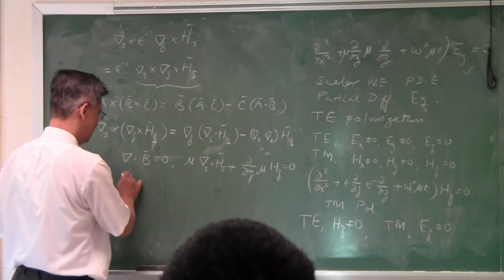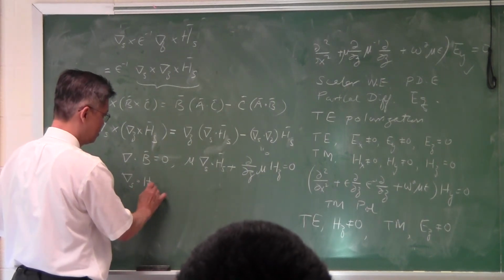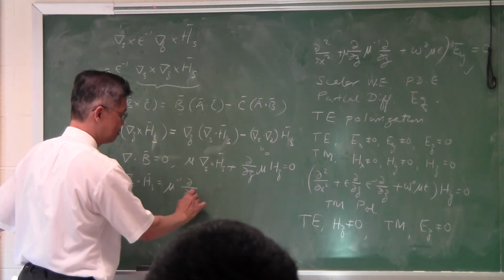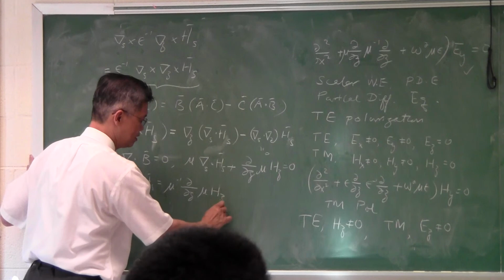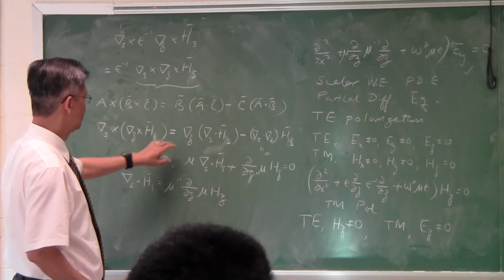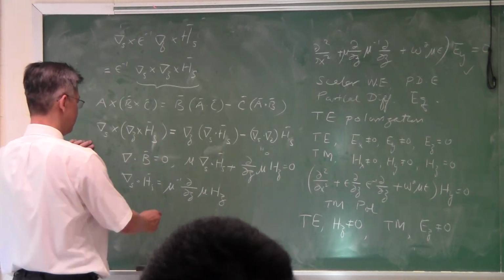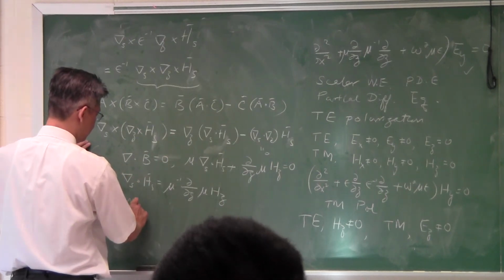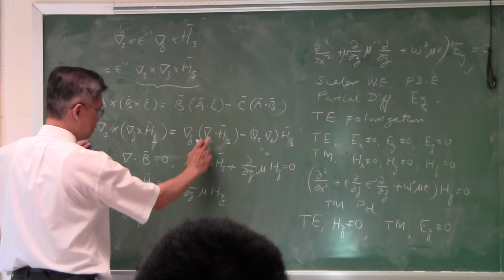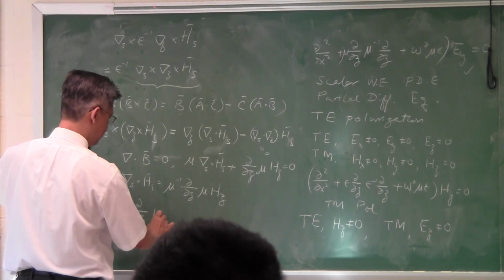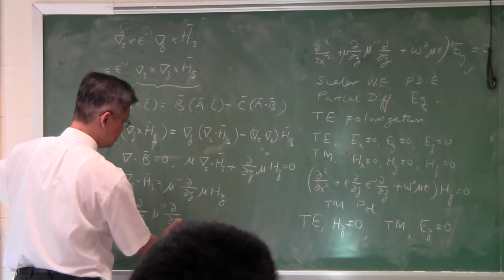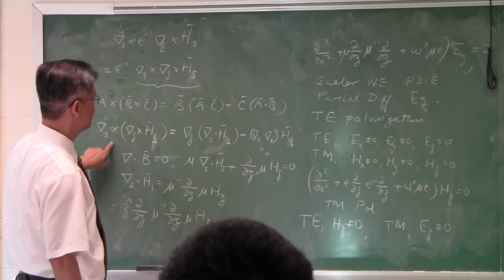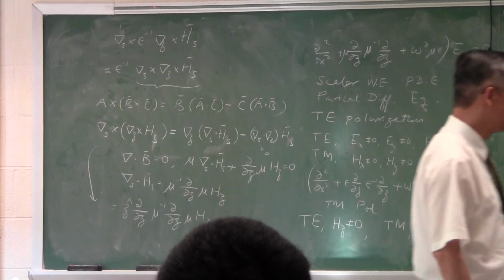So I conclude that the transverse divergence of HS is mu inverse partial z mu hz. So I can replace this term with this explicit form, and this one with this one over here. At least this first term can be simplified as such.